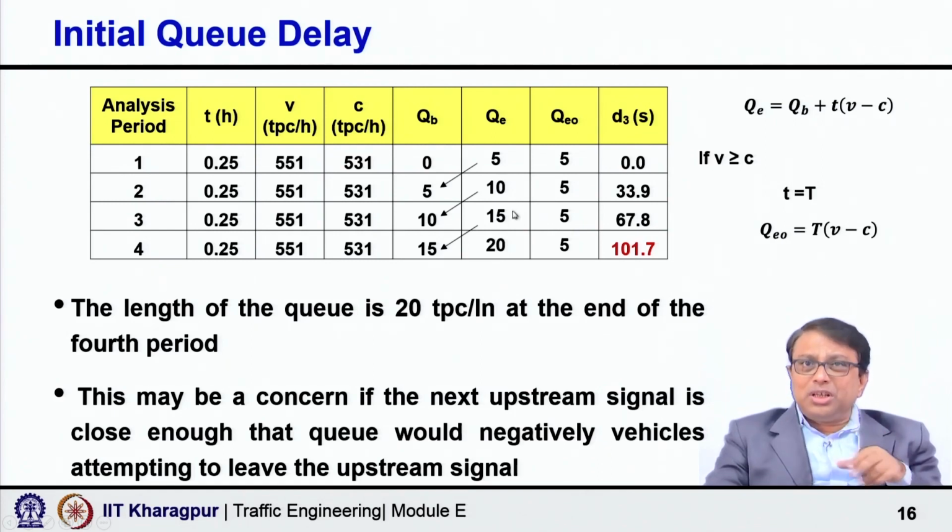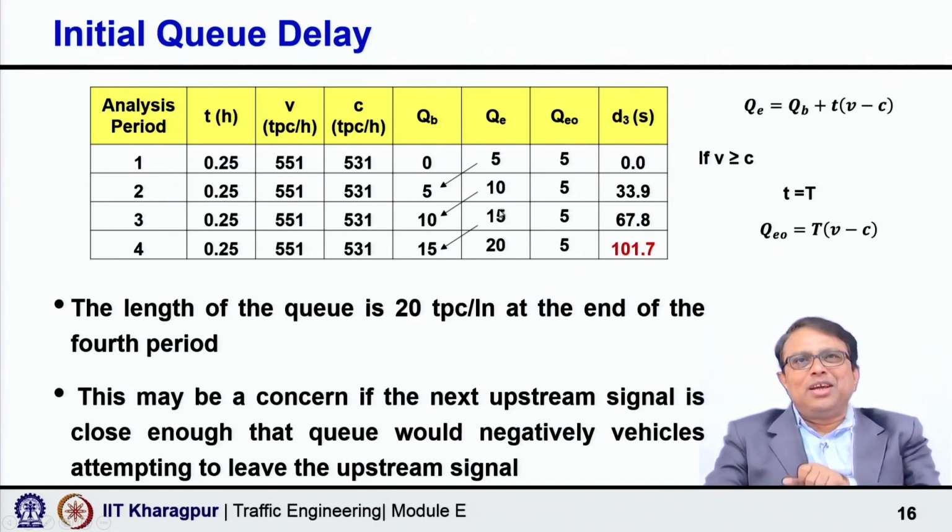QE will be QB plus Q E 0, because in the Q E 0 calculation we are not adding QB. So, the actual Q at the end of the analysis period will be whatever was the QB plus, because this is oversaturation, the additional Q during this analysis period due to oversaturation. So, you can see here that with a little bit of increase, there will be 20 vehicles TPC per lane at the end of the fourth period.